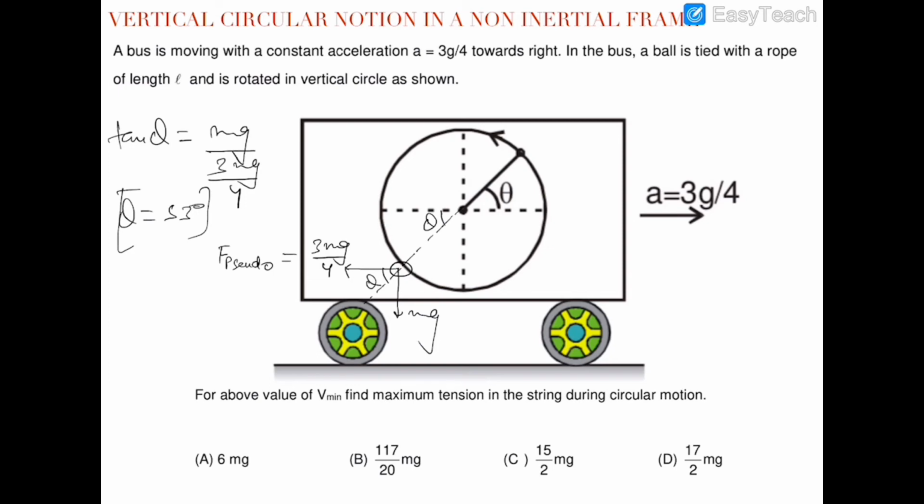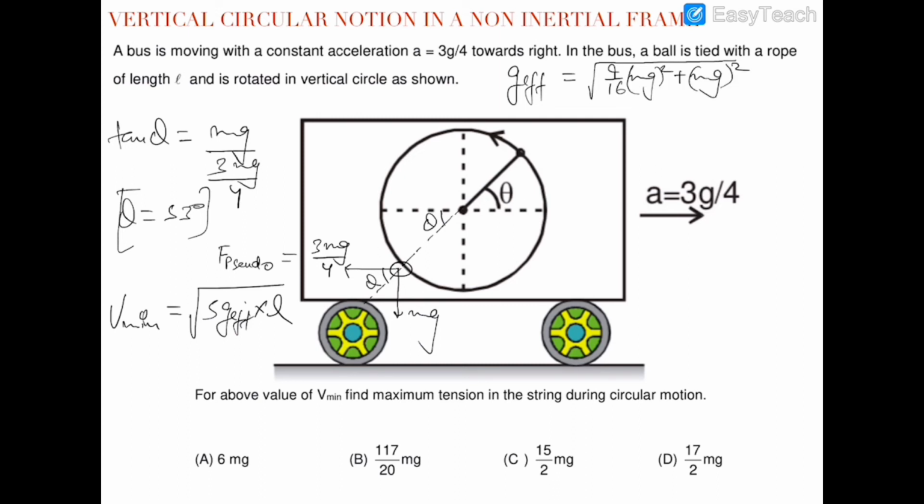Now first of all, V minimum will be equal to under root of 5 g effective into L, and g effective will be equal to under root of 9 by 16 mg square plus mg square, which is equal to 5 by 4 mg. This is g effective.